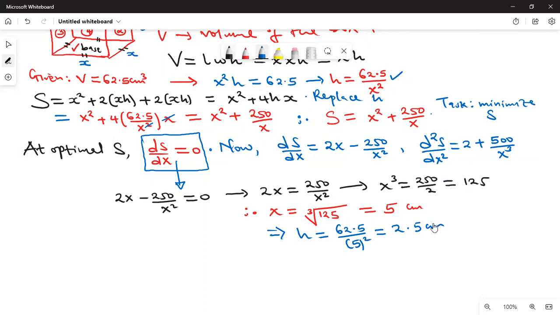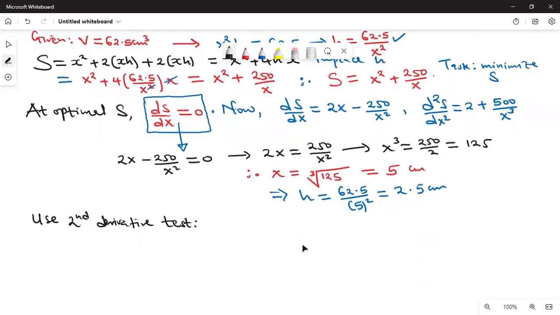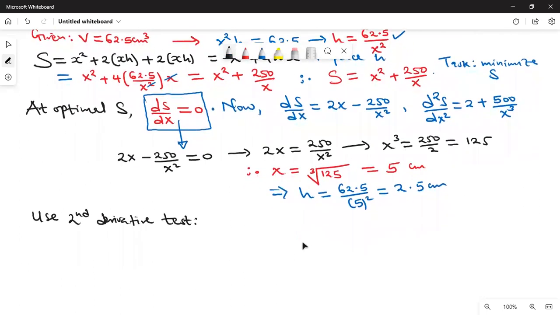So the next thing is to use the second derivative test. I want to know what is the value of the second derivative at x equals 5 and h equals 2.5.